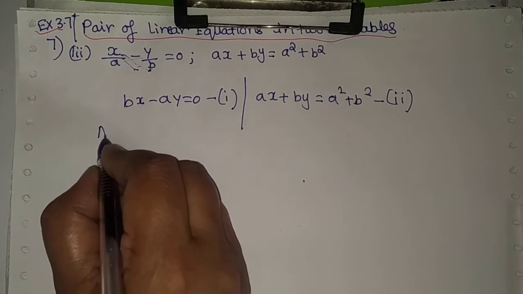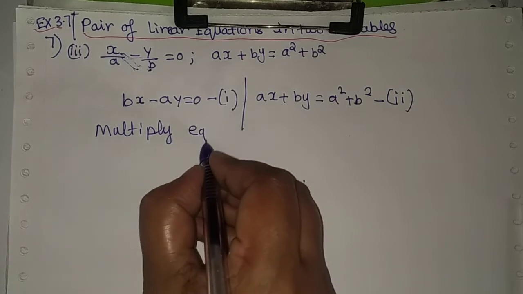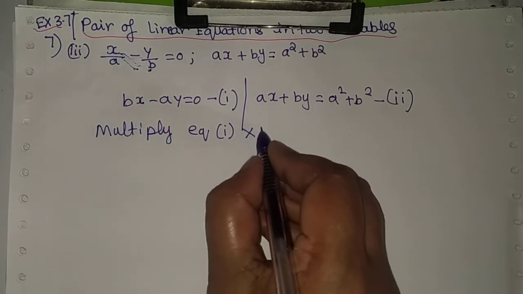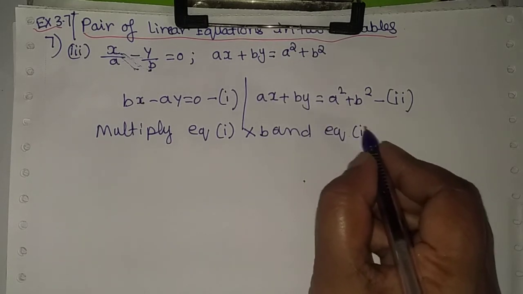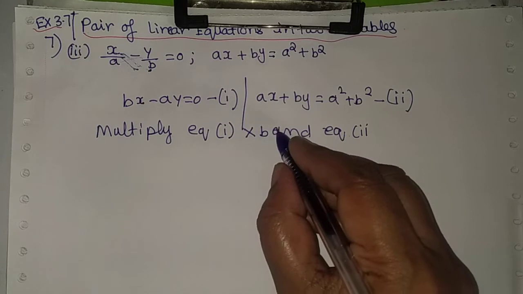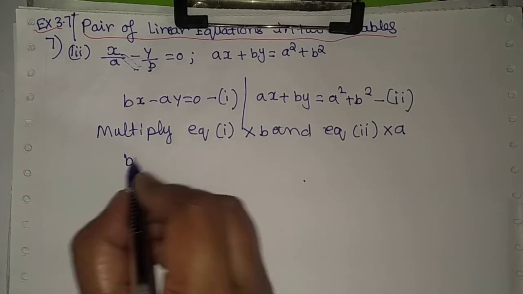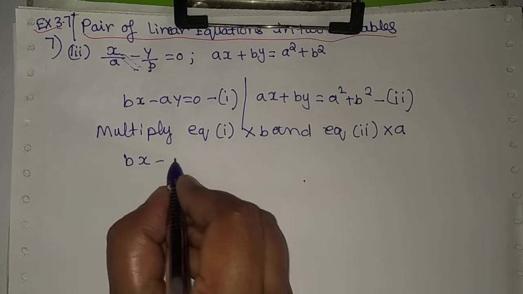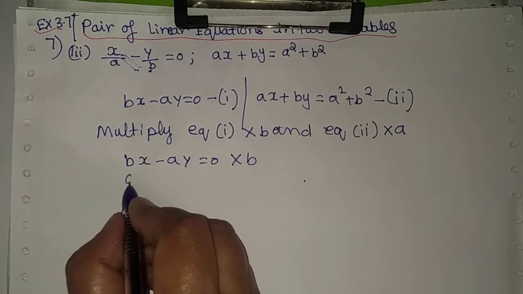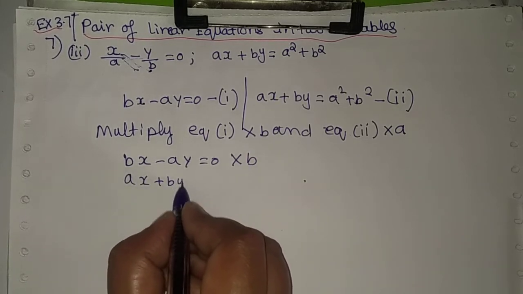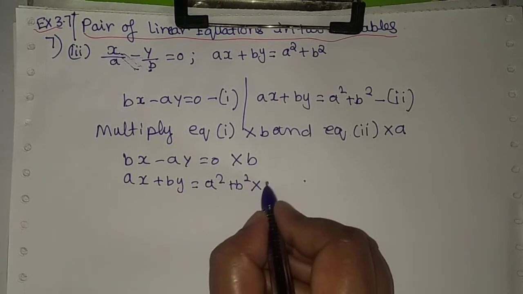Therefore now next step is multiply equation 1 into b and equation 2 into a. Therefore we get, I'll write once again, the equation is equal to 0 into b, then equation ax plus by is equal to a square plus b square into a.